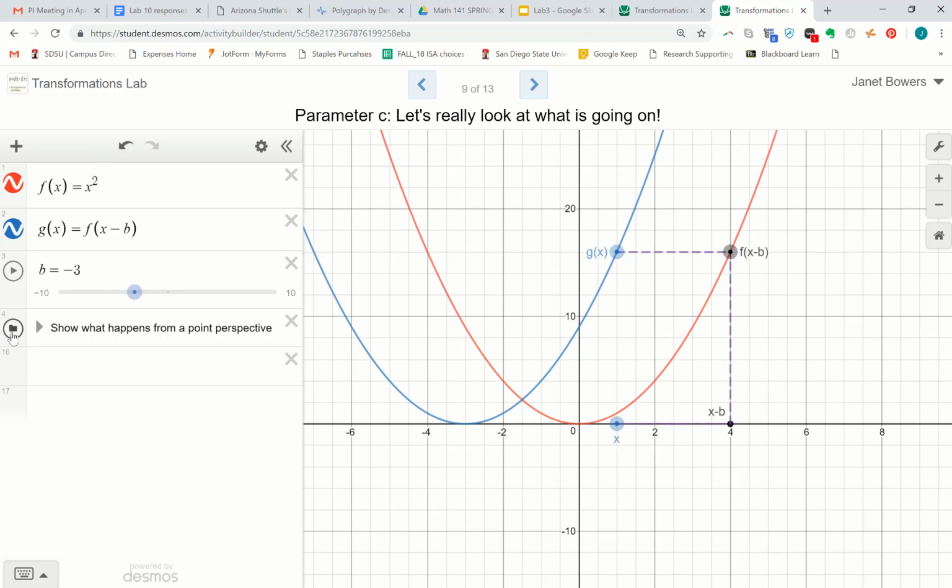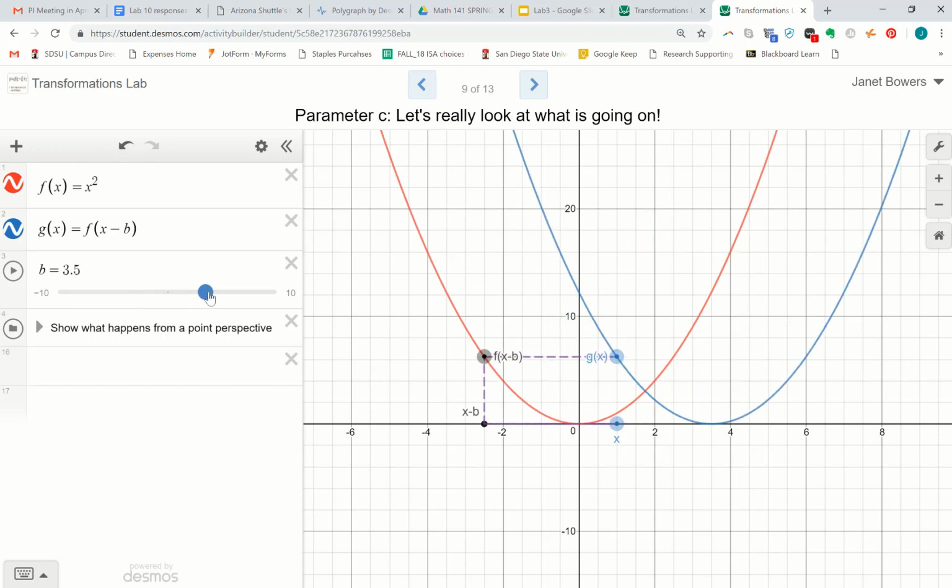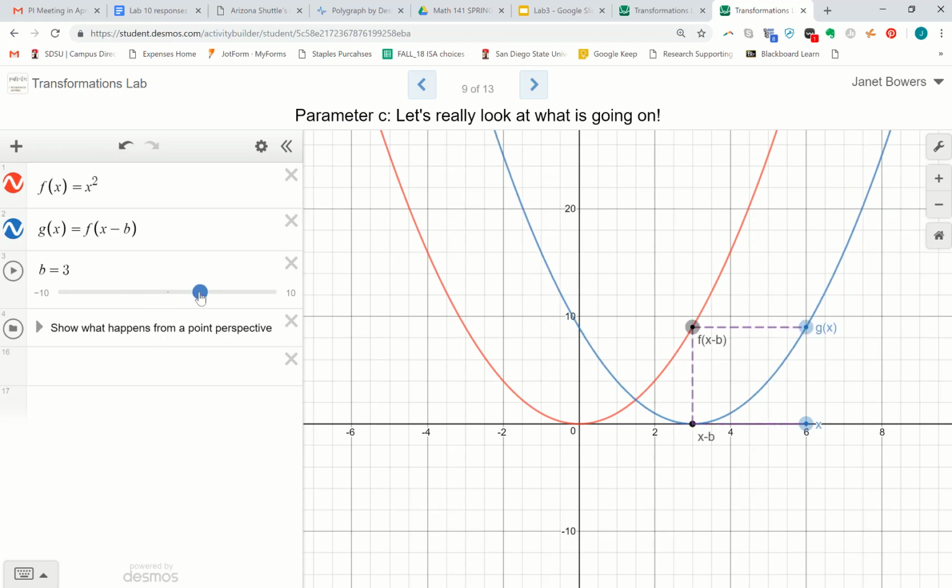We want to look at, let's start out with the easiest one, when you've got b as a positive number. So let's also move this x over here somewhere. Okay, let's move it to 6. So what we're doing here is, I'm going to move b to be an integral here. We start off with a number like 6 for our x or our p.